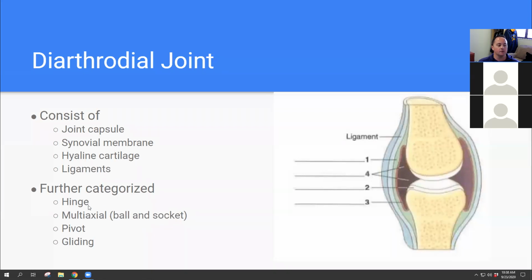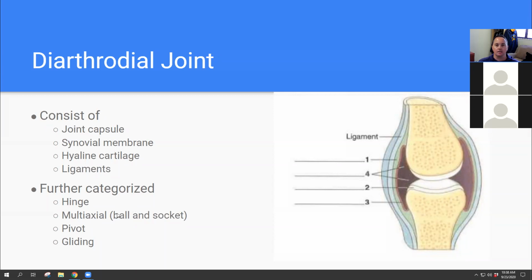For example, the hinge joint would be your elbow. It can only move in 2 directions. By rotating your hand over, you're actually using a different joint, not your true elbow joint.